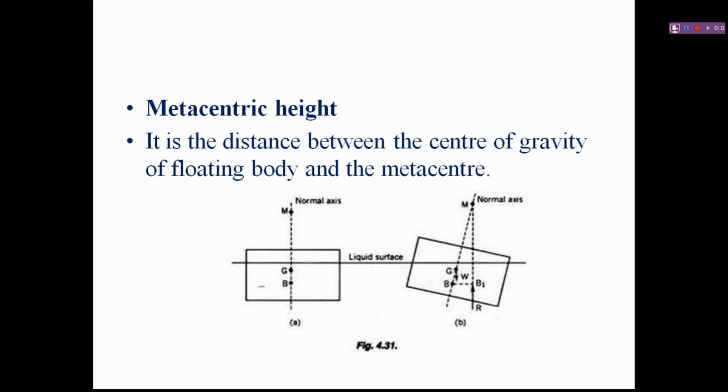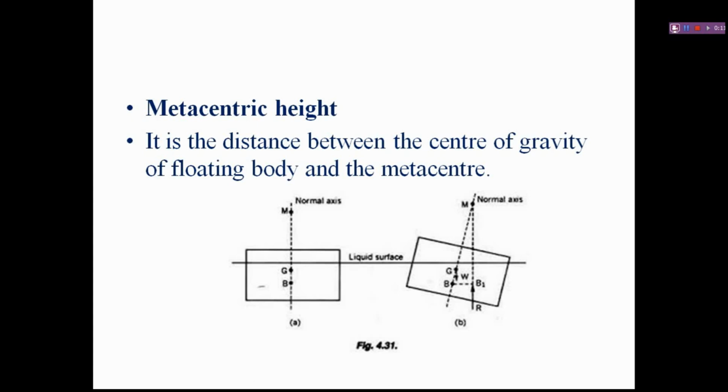Here you can see two diagrams. In the first one, before tilting, the center of gravity and center of buoyancy lie on the same line. So M is shown above, that is the metacenter. In the second one, the body is tilted. So the vertical line with M, G, B, that is metacenter, center of gravity and center of buoyancy, is shown on the left side, and on the right side a new line is formed, as the center of buoyancy position has changed.